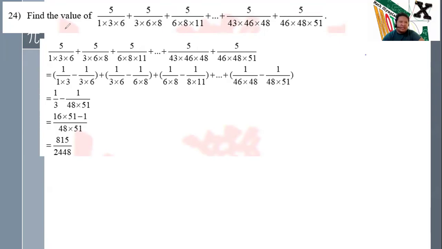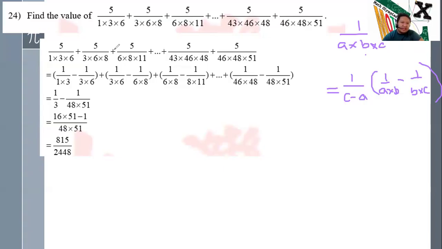We can break 1 over A times B times C out to be 1 over C minus A, times 1 over A times B minus 1 over B times C. That is the formula for that one, another partial fraction.